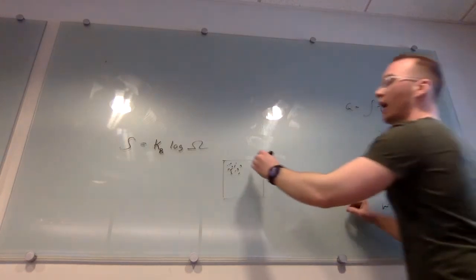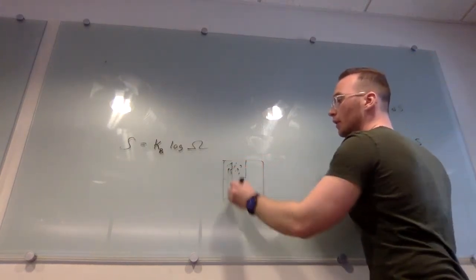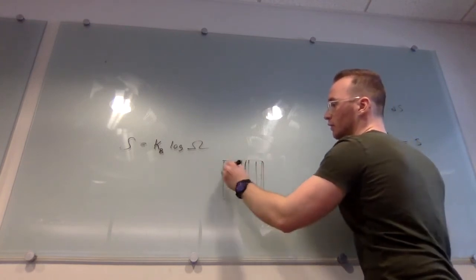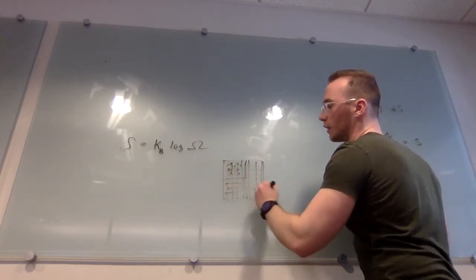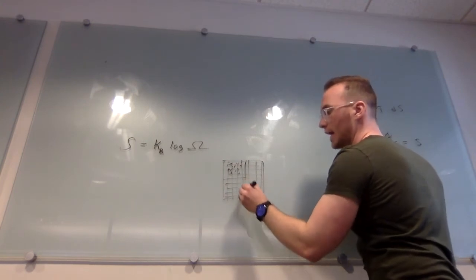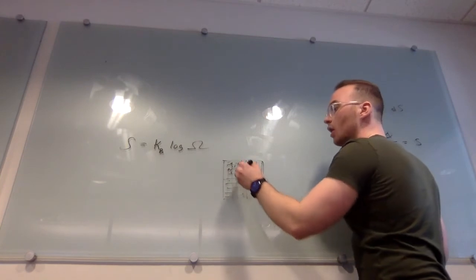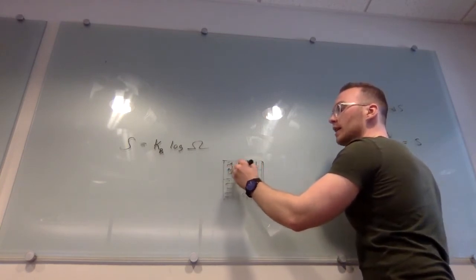What if you wanted to say, how many states have all of them in one corner? So this is my grid. Obviously I'm not doing a very good job, but every box can have a gas atom in it, and they have random velocities. What are the chances that all of them are in this corner?